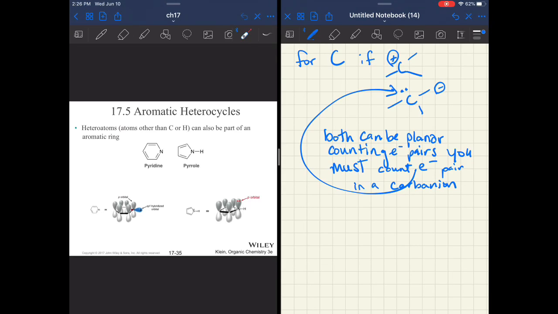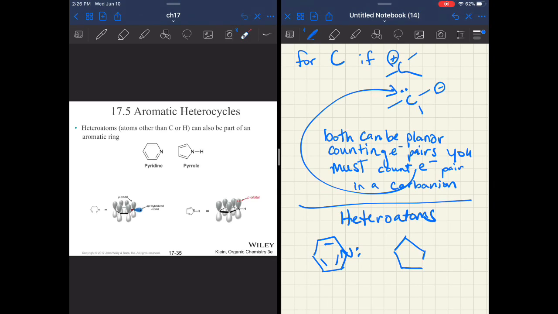All right, so that's your rule for carbon ions. Now, let's talk about heteroatoms. Heteroatoms are essentially not carbon or hydrogen. So when we look at pyridine and pyrrole, what's interesting about these two is even though they look different, there are some significant differences here in the bonding.